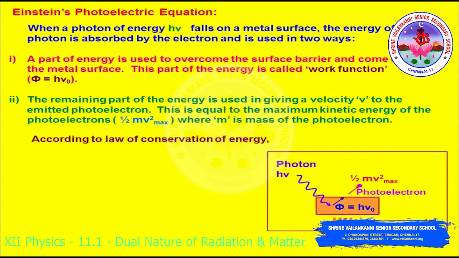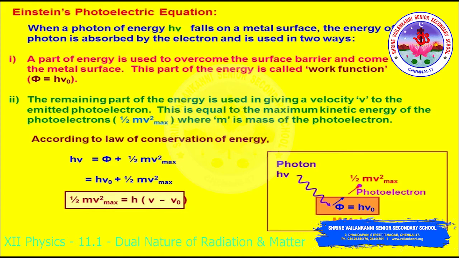So according to the law of conservation of energy, we can say h nu is equal to phi plus half m v square maximum, and applying the work function value, h nu is equal to h nu naught plus half m v square maximum. Then half m v square maximum is equal to h nu minus h nu naught, that is h times nu minus nu naught.